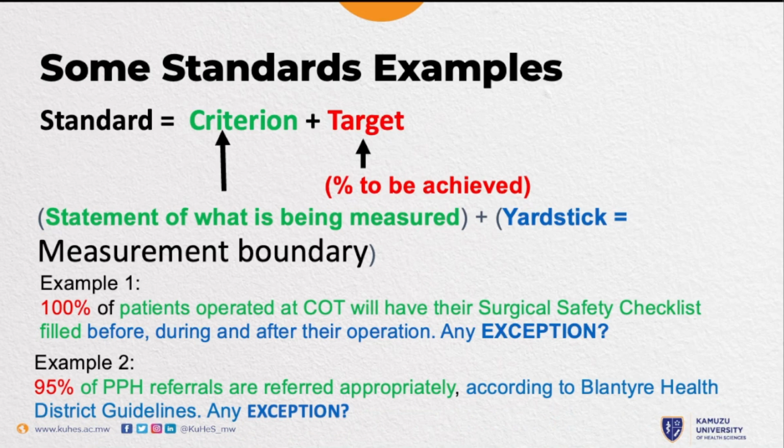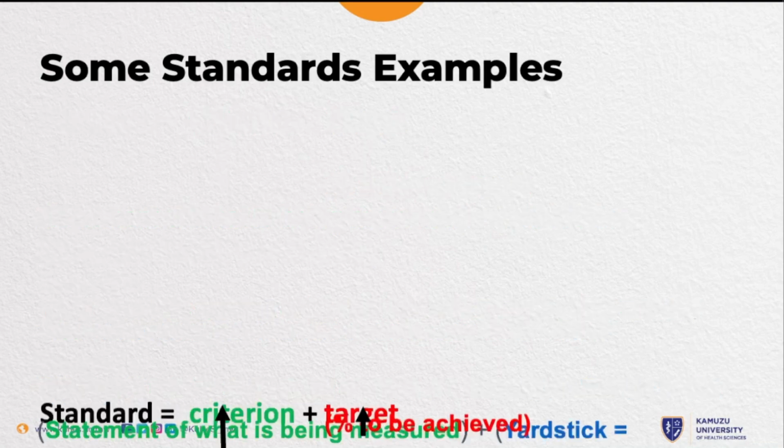Second example: 95% of PPH referrals are referred appropriately according to the Blantyre Health District guideline. All right, that's another standard that you are auditing. Any exception, you can look at it.